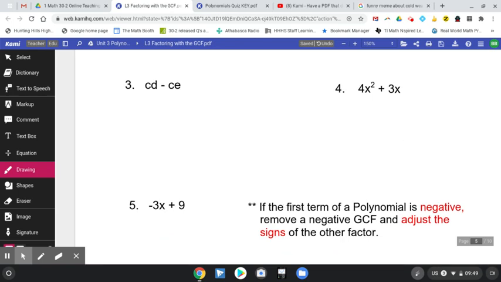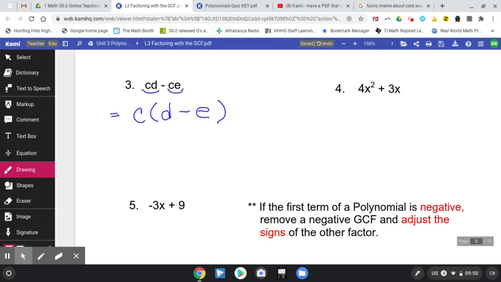All right, we'll do one more together, and then you guys are going to try number 4 on your own. So for number 3, again, looking at both terms, the common factor there is going to be c. The other factor will be d minus e.